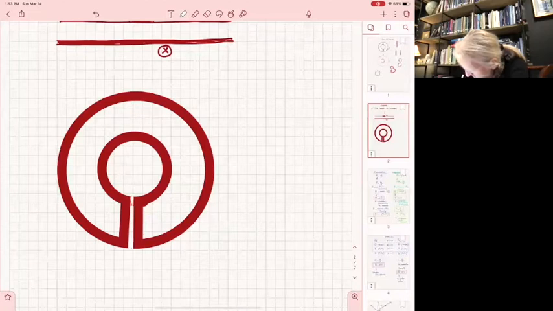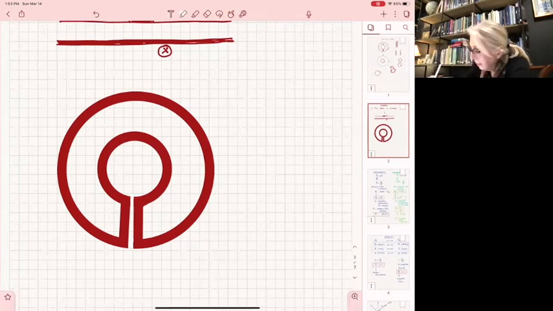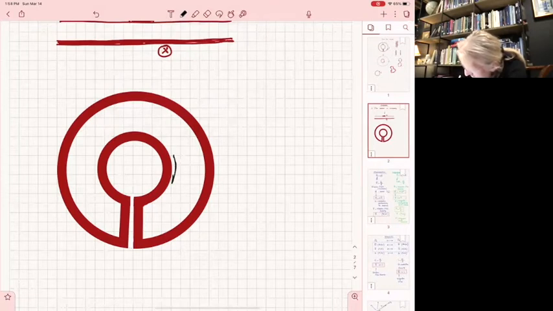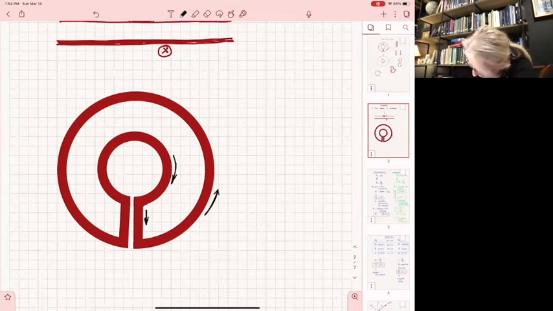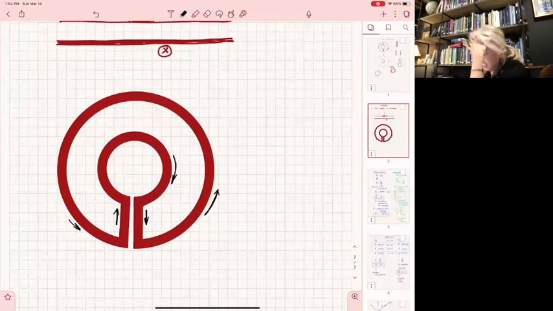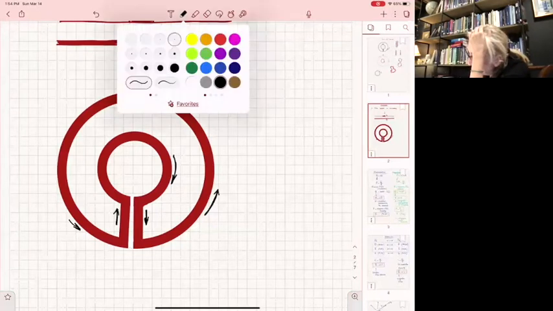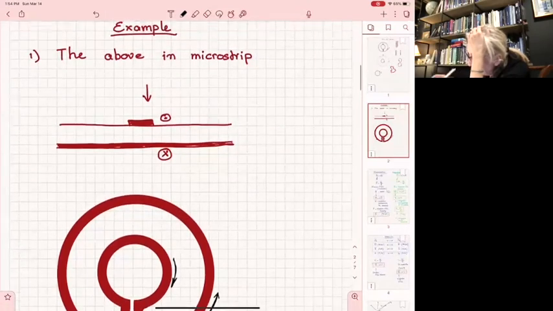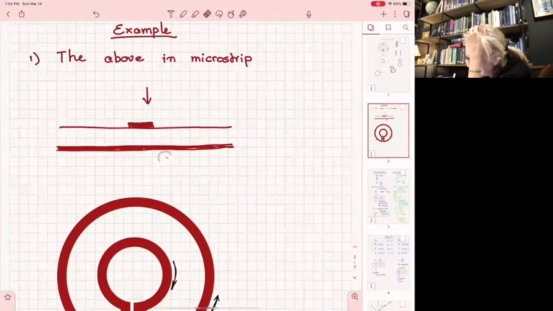Let's assume that that's your loop, and then you have a current that flows here, and the current flows like that, here, here, and here, and then all around. What happens here is these two metals in microstrip form will look like this when they come very close to each other.